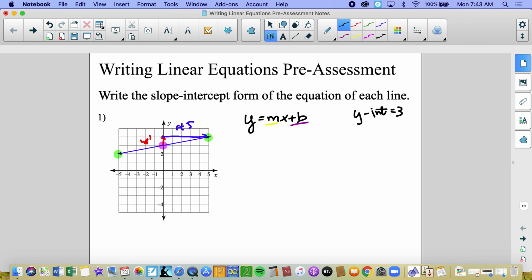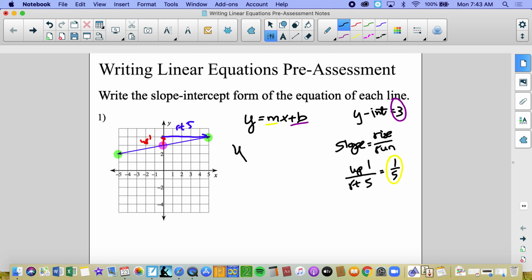So my slope is going to equal rise over run, and I'm going to rise up 1, and I'm going to run right 5. Up is positive 1, right is positive 5. So my slope is 1/5.